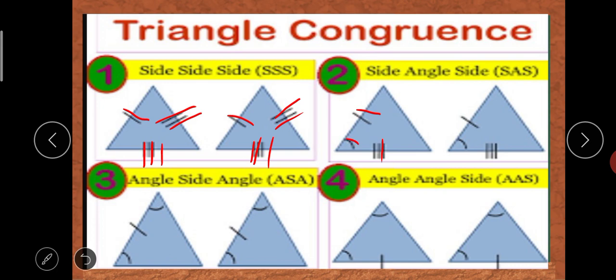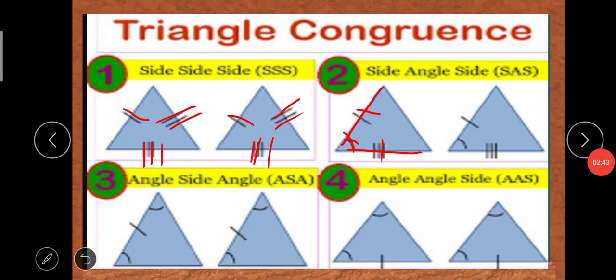When the two sides and the angle between them are equal, we say it is side, angle, side. We read first a side, then the angle formed, and then the side. Then we say such triangles are congruent by side, angle, side.